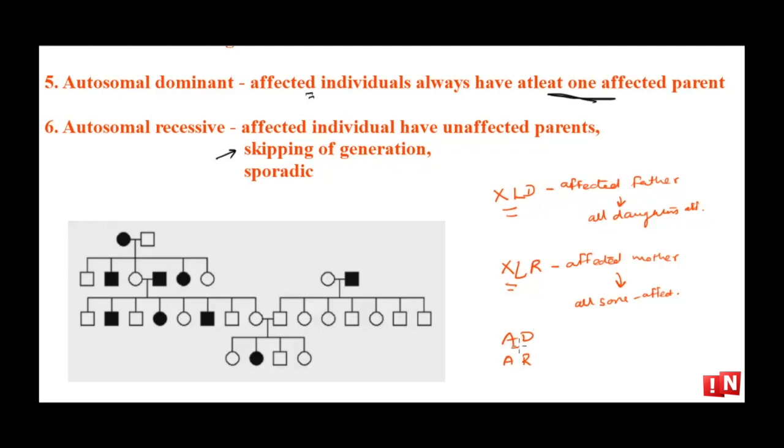Is it autosomal dominant? If it is autosomal dominant, one very important condition is that an affected individual or offspring should for sure have at least one parent who is affected, right? So if you look at this affected offspring, this son has one affected parent. Okay, fine.